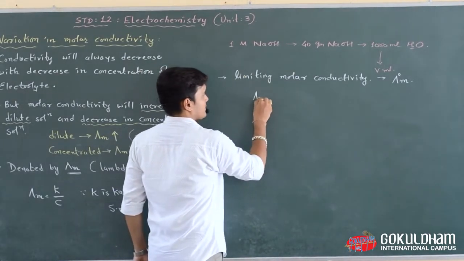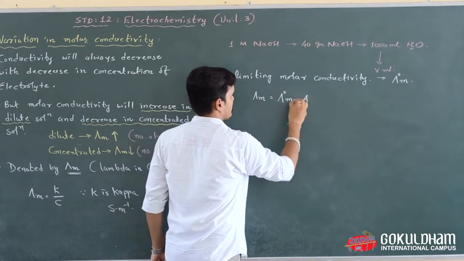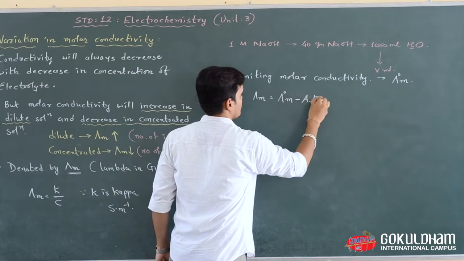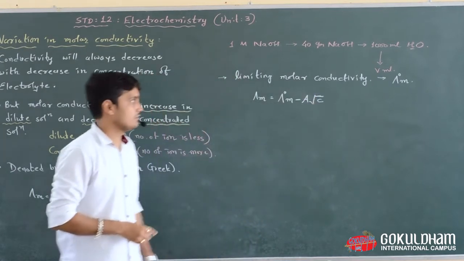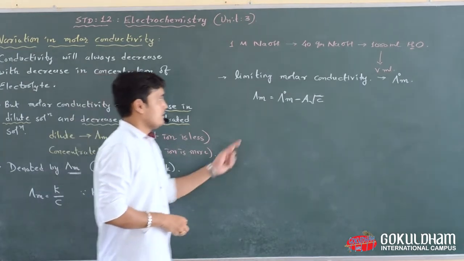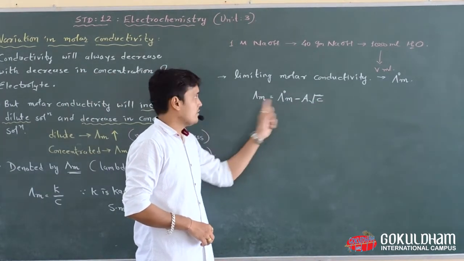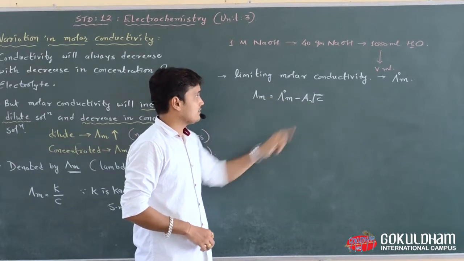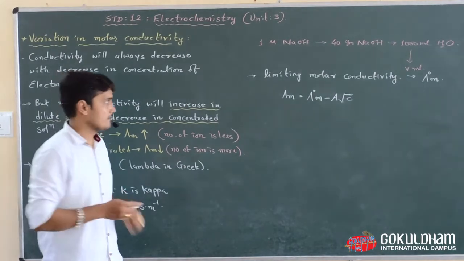Now the another equation is lambda m is equal to lambda 0 m minus a into c raised to 1/2, or a into under root C. This lambda m and this C, are they perpendicular or parallel with each other?